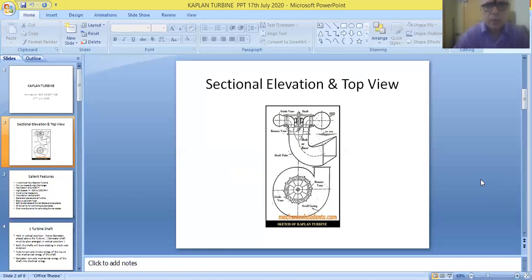So the first figure is used for indicating the sectional elevation of the KAPLAN turbine, and the second figure is used for indicating the top view of the KAPLAN turbine.